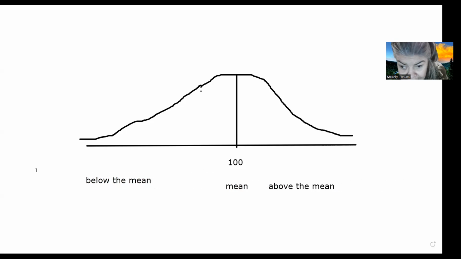So our standard deviation is 15. So what we're going to do here is we're going to draw some marks that are representative of where we are. So we're going to say we have a mark here, and I'm going to put another mark here.